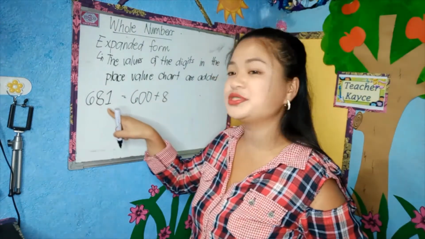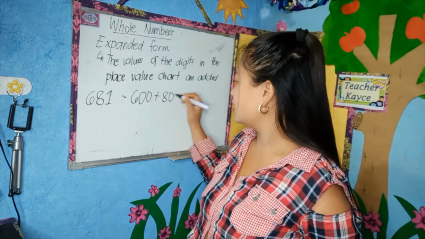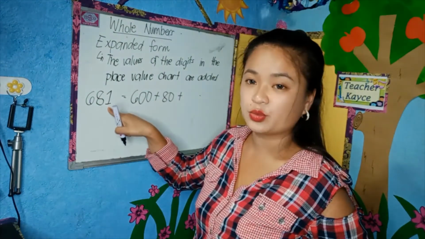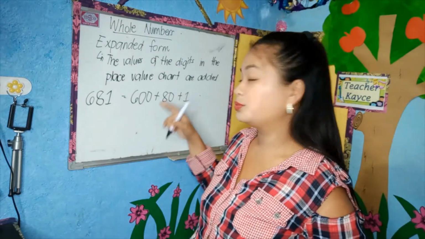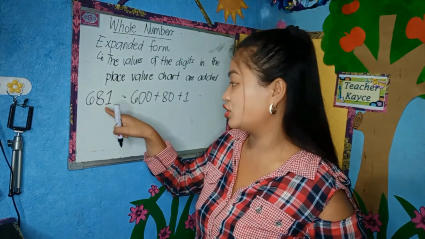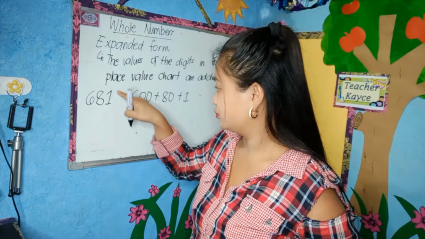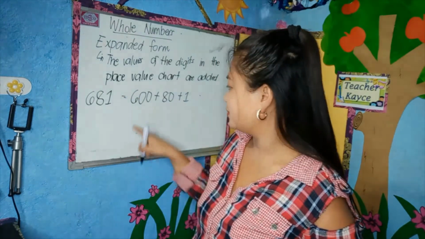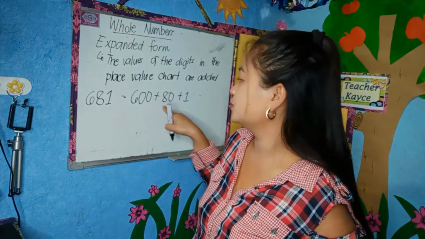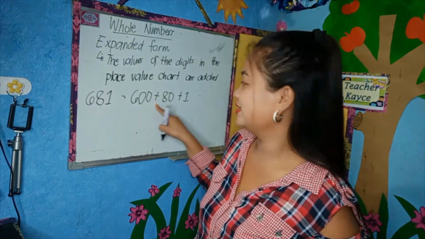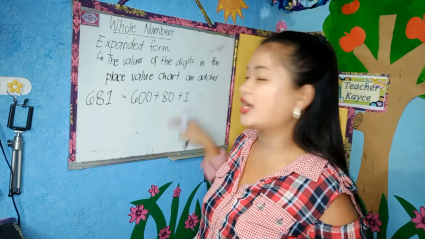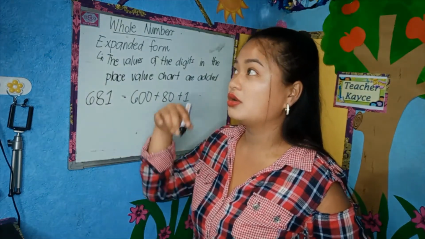How many zeros? You only have 1. Then plus 1. Do you have to put 0? No more, because there are no more numbers here. So we have here 600 plus 80 plus 1.